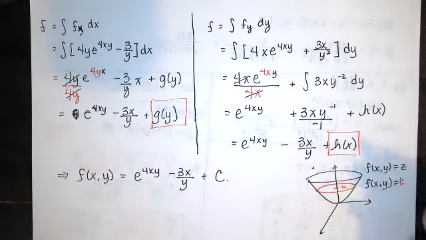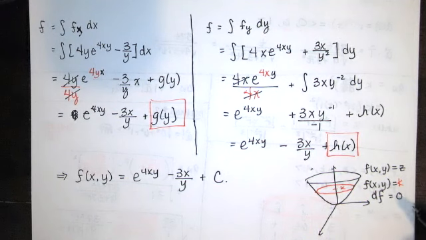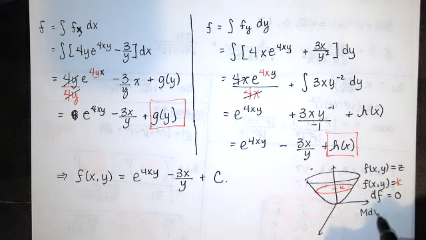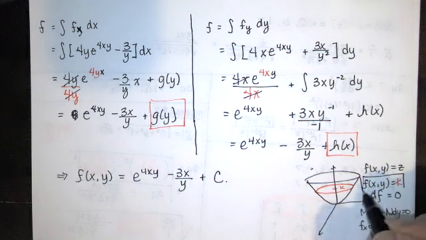If I take the total differential of both sides, I get df equals 0. So if I want to find the solution to df equals 0, which is M dx plus N dy equals 0, or the partial of f with respect to x dx plus the partial of f with respect to y times dy equals 0, if I want to find the solution to that, the solution actually looks like this.